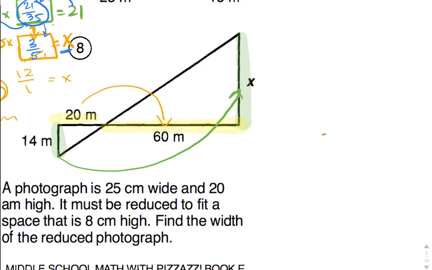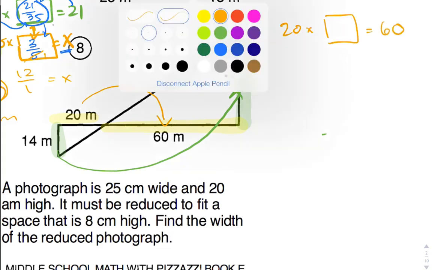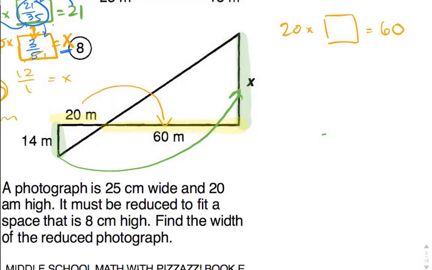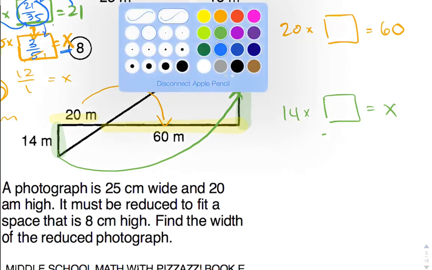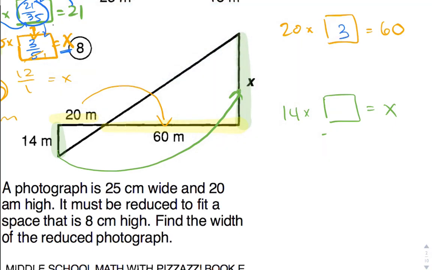Again, I'm going to start with my known values. I know that 20 times something equals 60. And I'm going to use that same number for my green numbers, which is 14 times something equals my X value. Now, when you see this, most of the time people say, oh yeah, that's 3. Well, yeah, we know that's 3.